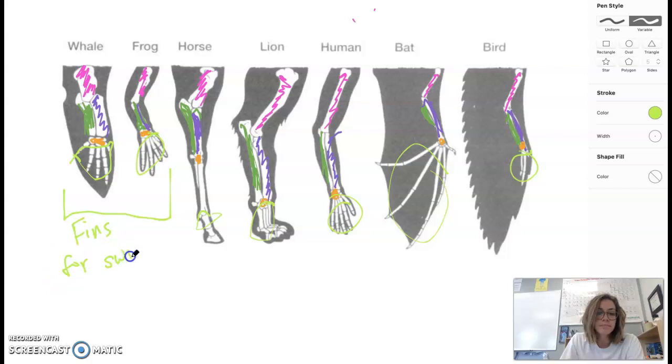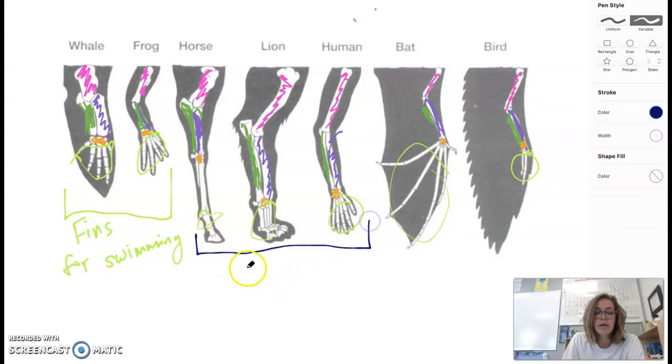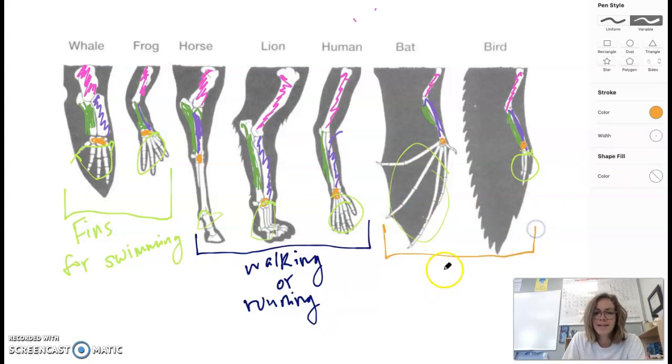Or in the horse, the lion, and the human, these are all going to be for walking or running. And then in the bird and the bat, you're going to see that these are for flight.